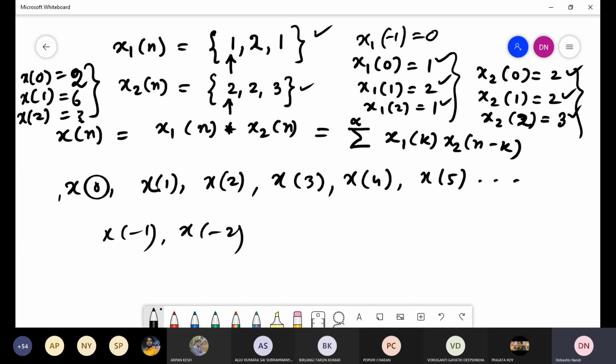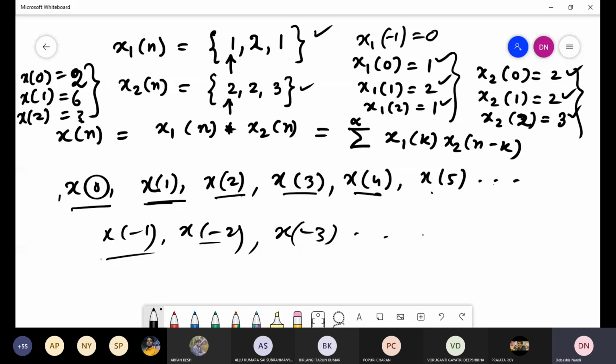Okay, but this is for this particular signal, it is not for all signals. For this particular signal, x of -1, x of -2, or x of -3, all these values will be 0. For negative values of n, the values will be 0. And for positive values of n, starting from 0, you will get some non-zero values, then you will get the 0 values.